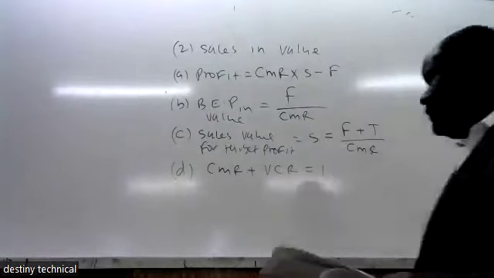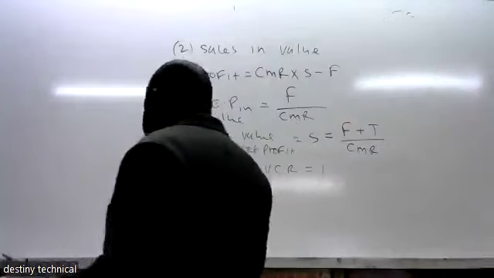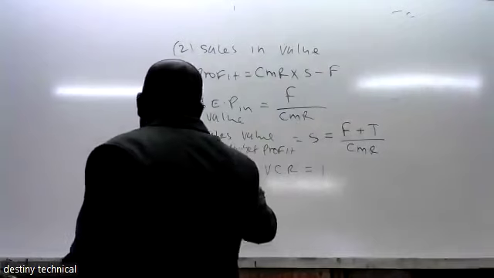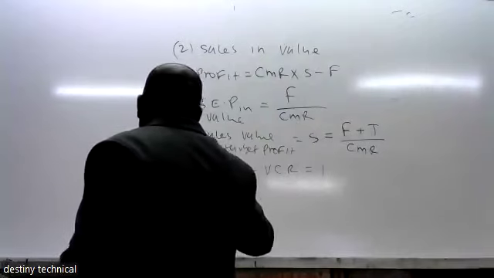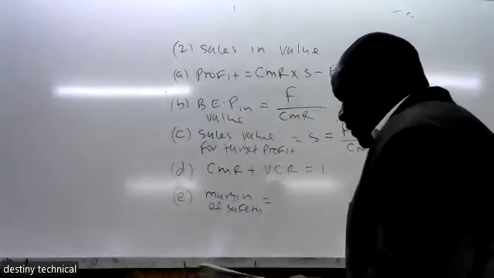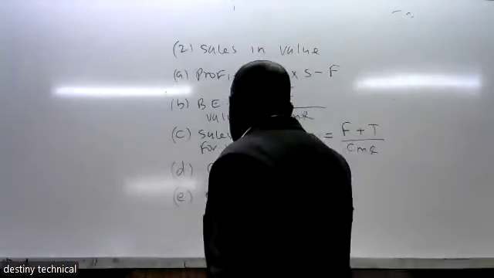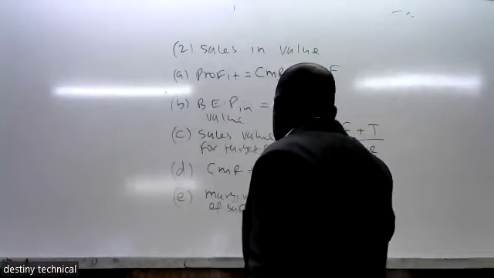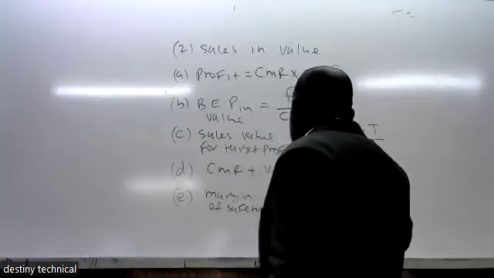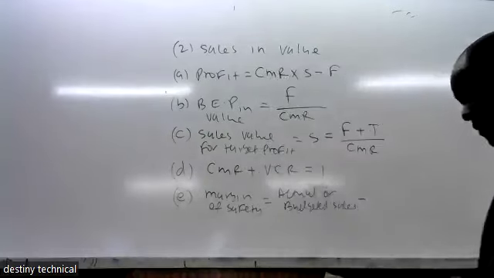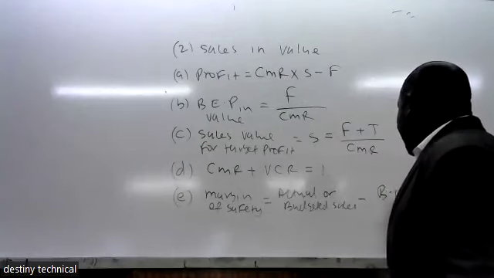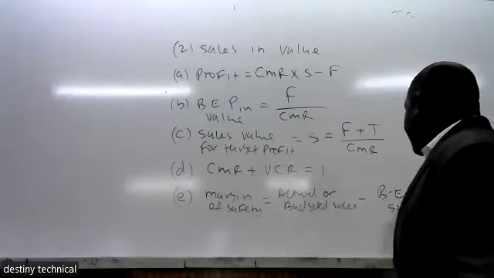Then also the margin of safety should be equal to actual or budgeted sales minus the break-even point sales.